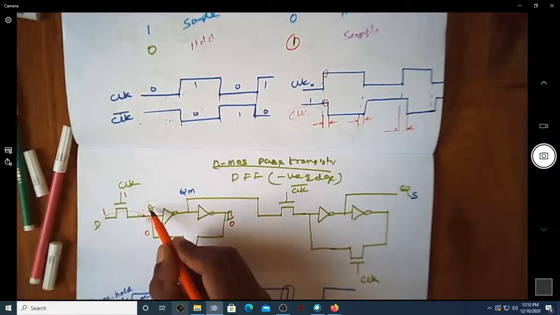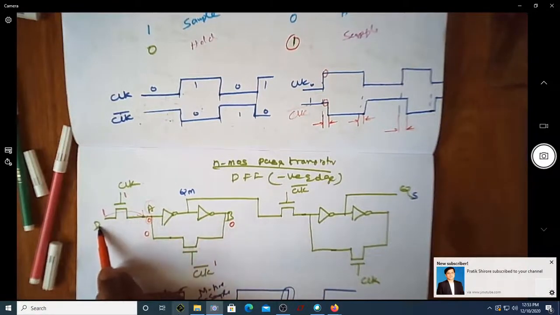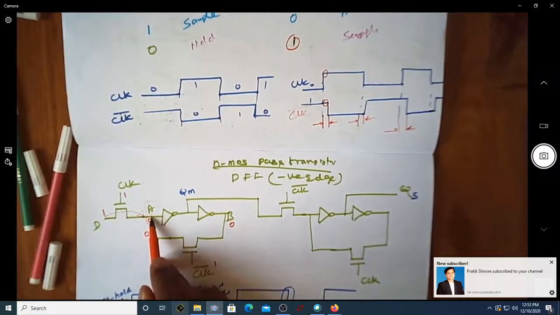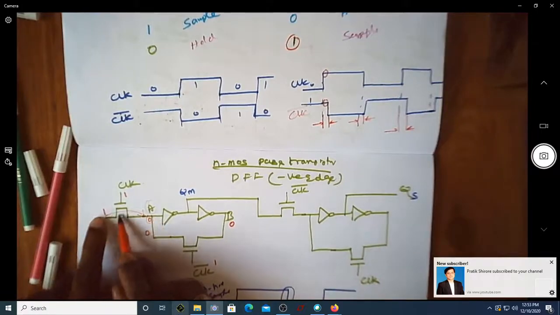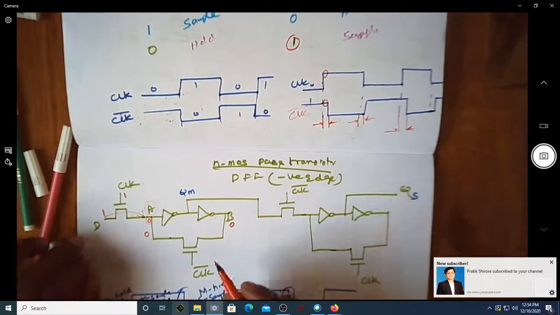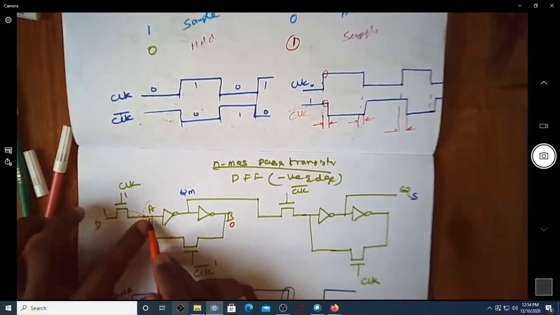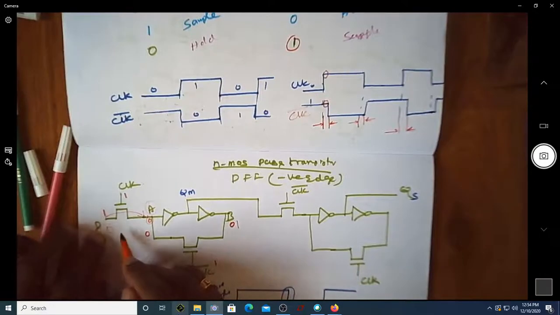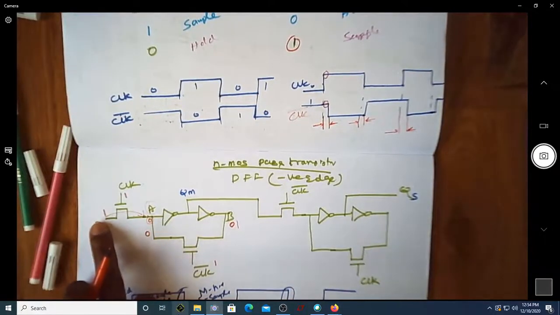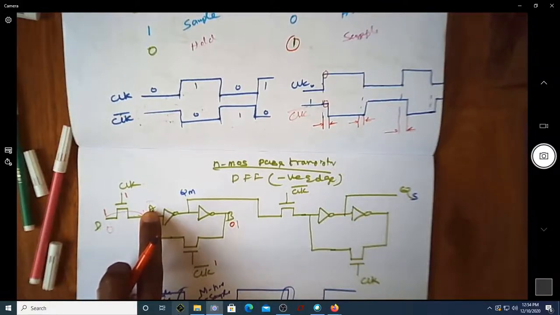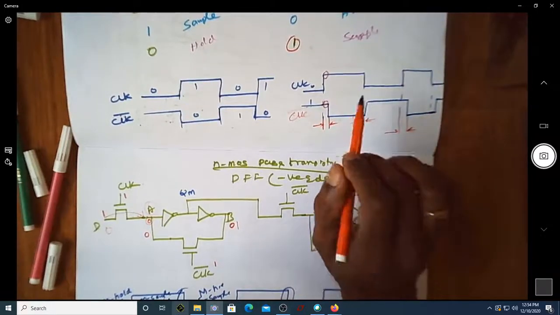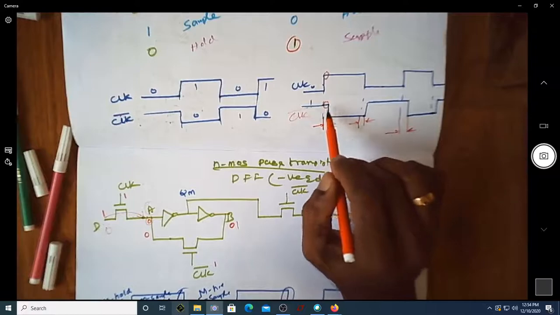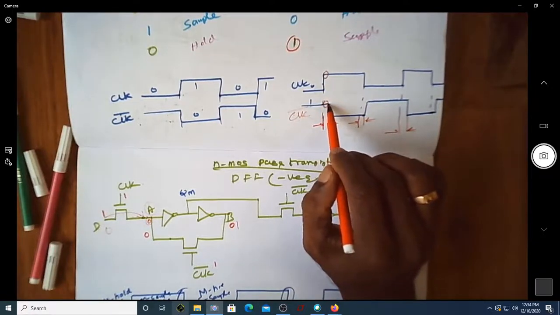So this A node is actually driven by two sources: one is the input and the other is the hold value. It tries to sample as well as tries to make this value 0, make this value 1. It's an example; of course it can be the other way also. Suppose if this is 0 and this is also 0, then there is no issue. Suppose if this is 1 and this is 0, you again have an issue. That is one major problem: this intermediate node will be driven by two sources during the overlap period. That is one issue that has to be avoided, making sure there is no such overlap.